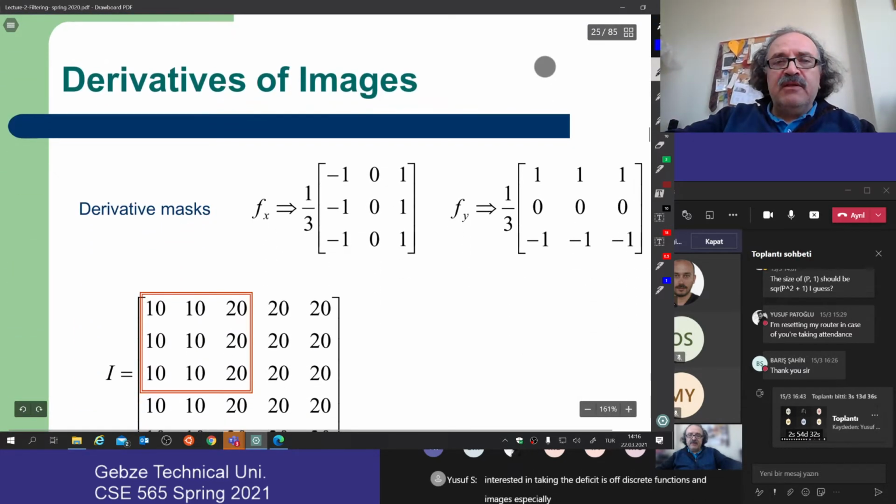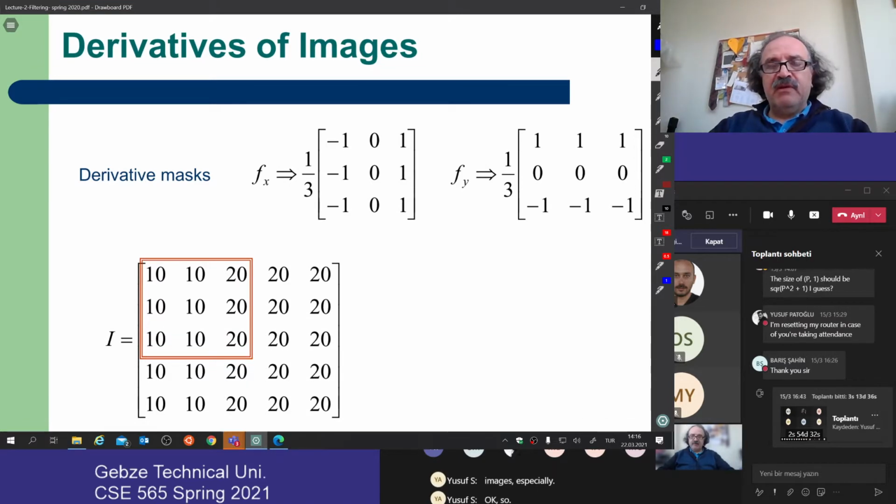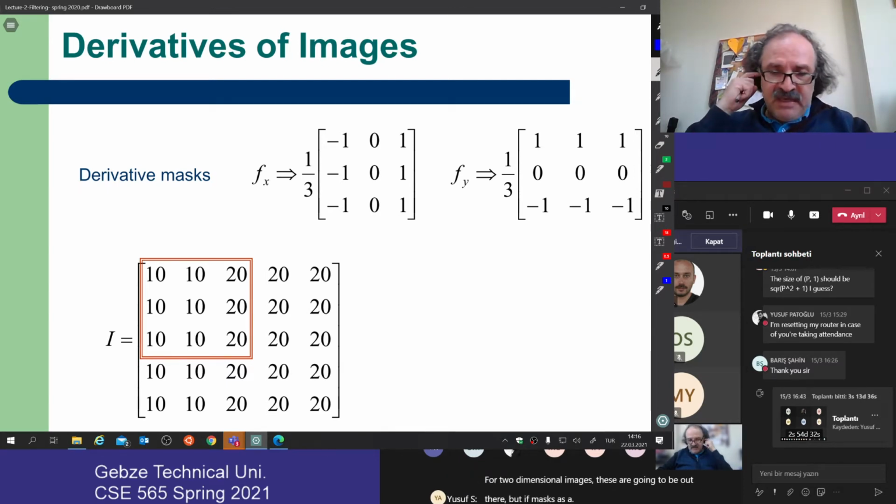Okay, so for two-dimensional images, these are going to be our derivative masks, at least as an example.